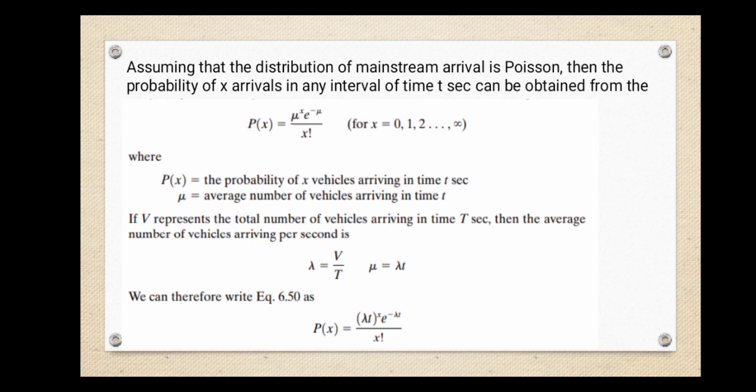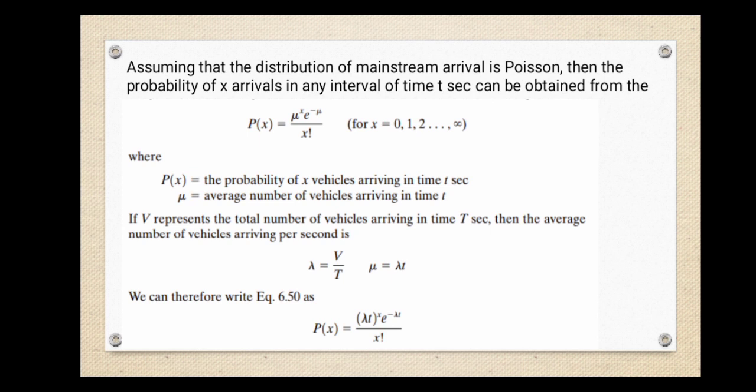Assuming that the distribution of mainstream arrival is Poisson, then the probability of x arrivals in any interval of time t seconds can be obtained from the expression, where p of x is the probability of x vehicles arriving in time t seconds, and mu is the average number of vehicles arriving in time t.